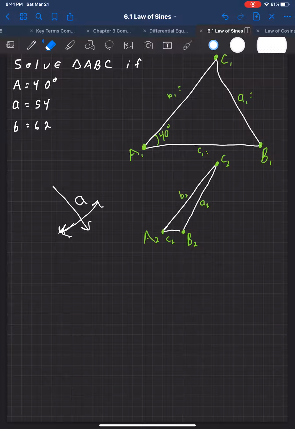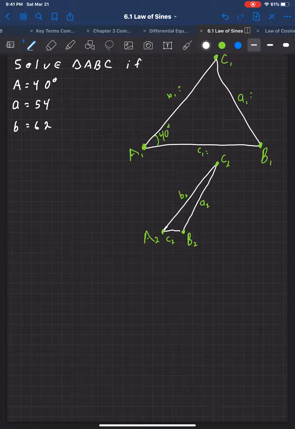Now, let's you and I agree on something. Let's agree that no matter how A swivels around, side B is never going to change, right? The length here is going to stay the same no matter what side A does.